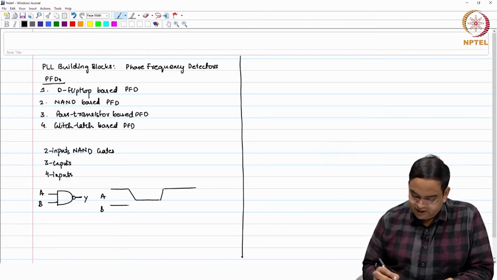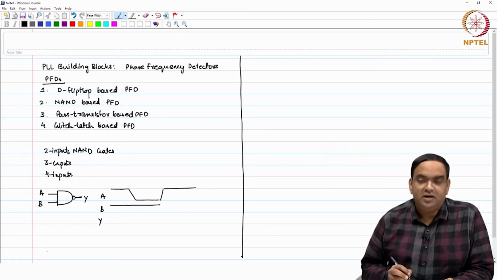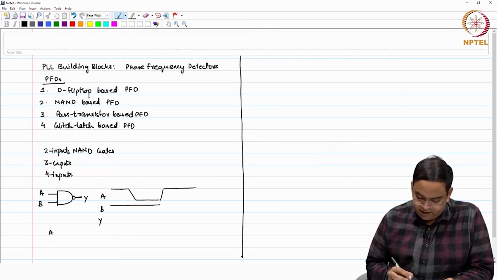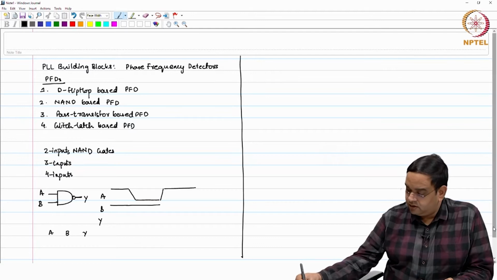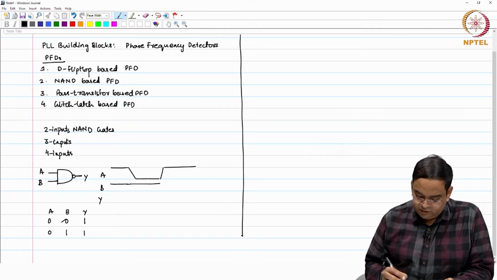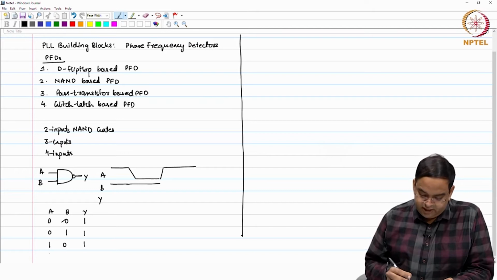If A makes a transition like this and B remains high, your Y output, A NAND B, is the operation. If you look at A, B and Y: when A is 0 and B is 0, Y is 1. When A is 0, B is 1, then also it is 1. When A is 1 and B is 0, then also it is 1. And when A and B both are 1, the output is 0.